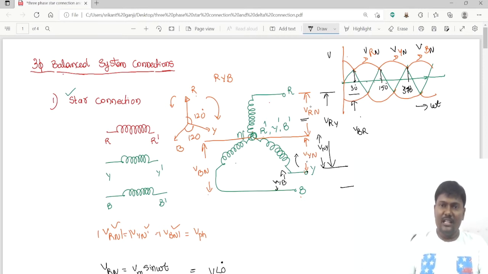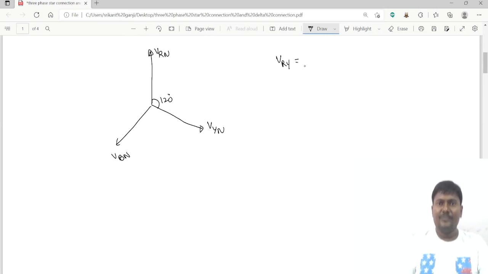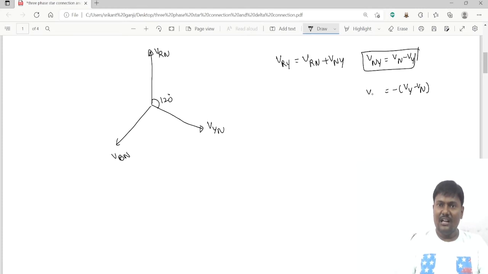Now VRY can be written as VRN plus VNY. VNY is a potential difference of VN minus VY, and if you take minus common, that is minus of VY minus VN, I can write VNY is equal to minus VYN.